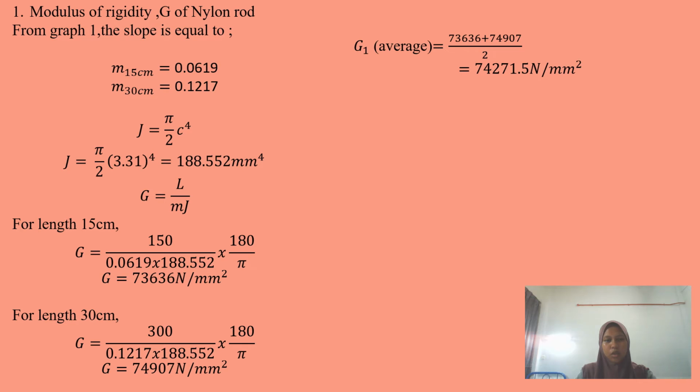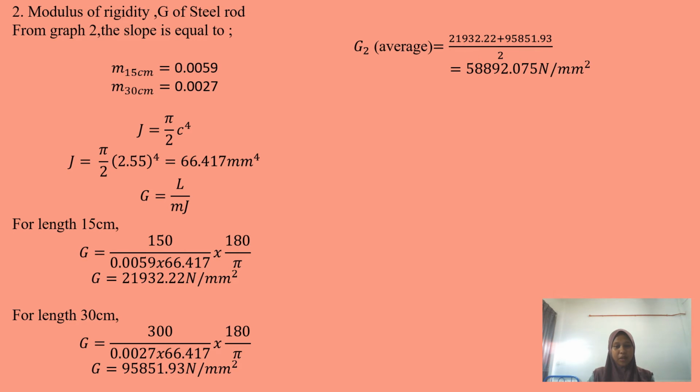For those two lengths, we calculate the average modulus of rigidity, where we add both and divide by 2, so we get 74,271.5.